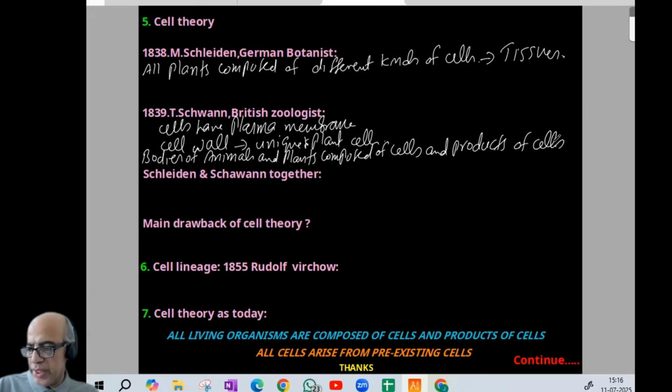All these ideas belong to T. Schwann, 1839, British zoologist: the plasma membrane, cell wall unique to plant cells, then bodies of animals and plants composed of cells and products of cells.